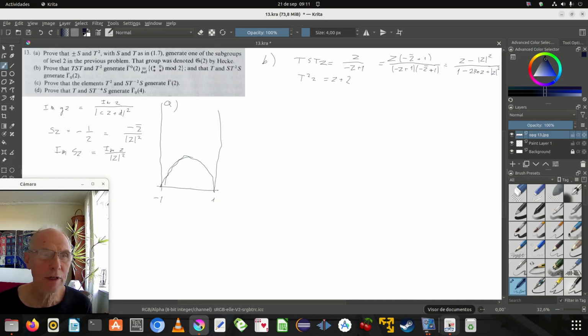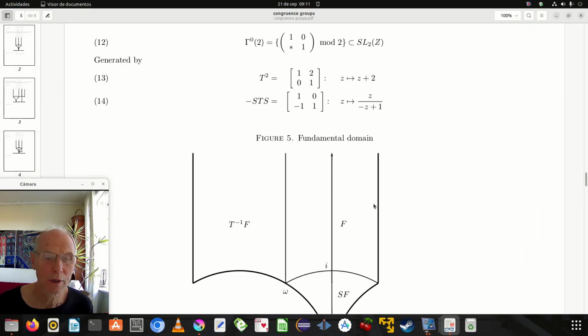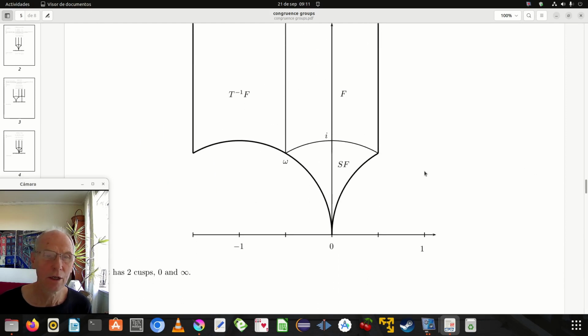Let's look at the fundamental domain of gamma upper naught. This is the guy. You know what? I actually feel that it's much simpler if we take this part and shuffle it twice to the left using T squared, then we get a circle with center at -1.